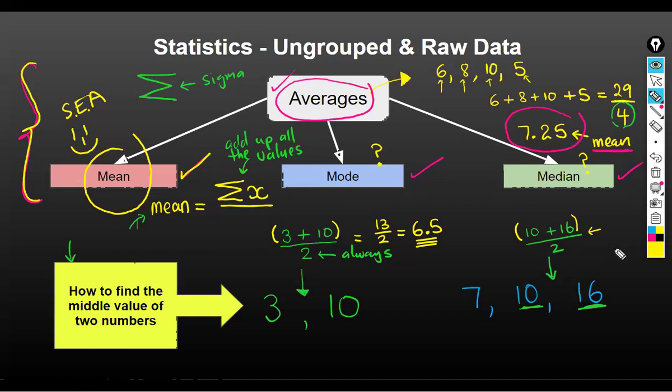Add the 10 and the 16 and divide by 2. Correct. So the answer here would be 13, right? 10 plus 16 is 26. 26 divided by 2 is 13. So 13 lives secretly in between 10 and 16. For whatever reason.